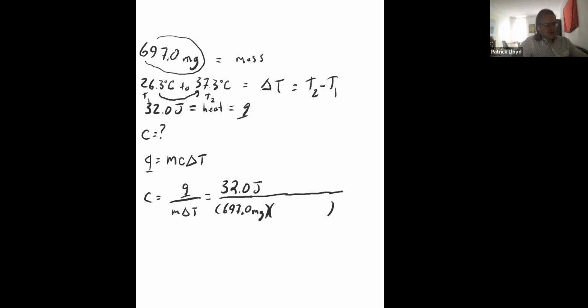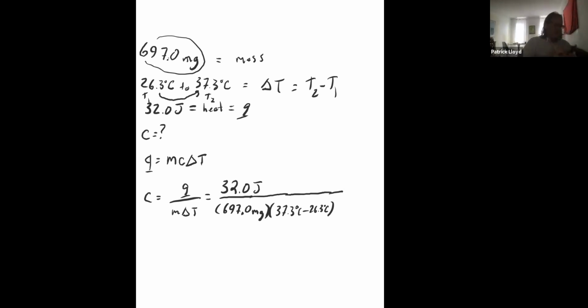So it looks like it's 37.3 degrees C minus 26.3 degrees C, right? So now you can do your arithmetic. Let me grab my calculator here. There you go.